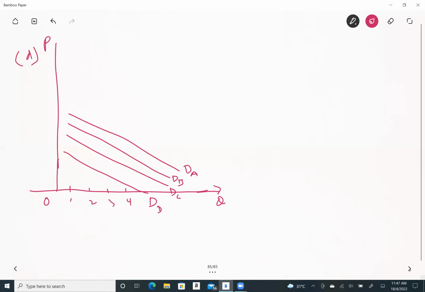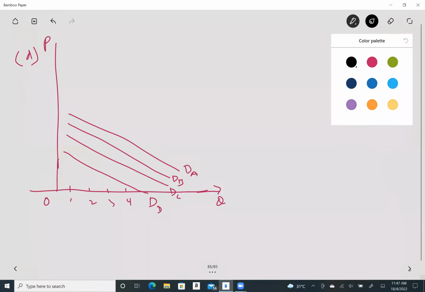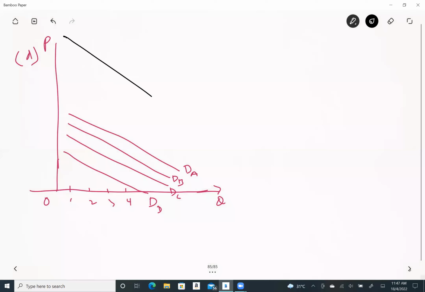So you add them up, that would be up there, the market demand function. So add each quantity, so you add the marginal benefit for different people, and that is the marginal cost, MC equals 2,000.